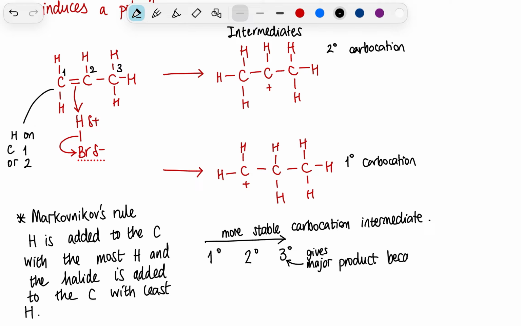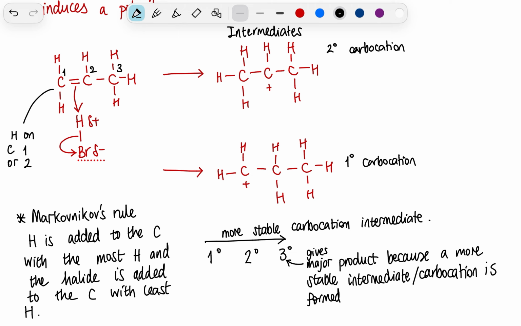Because a more stable intermediate or carbocation is formed.